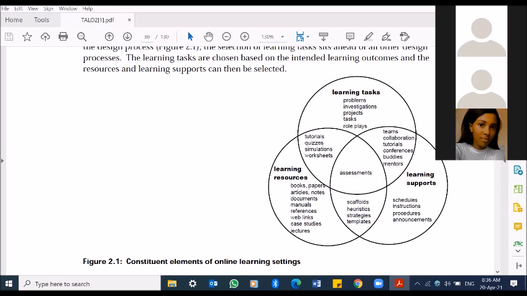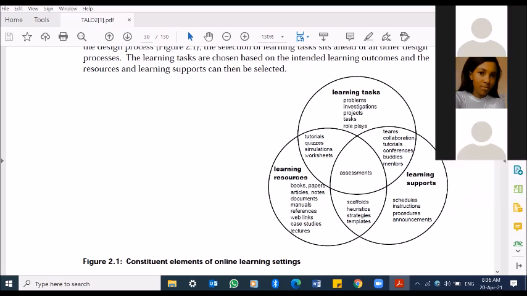What does the word orientation mean? Some sort of guide, a way of guiding.